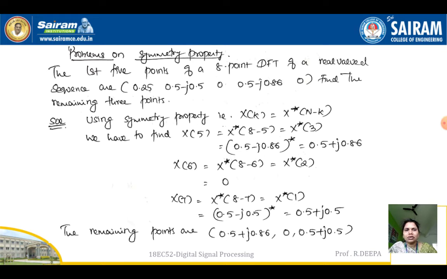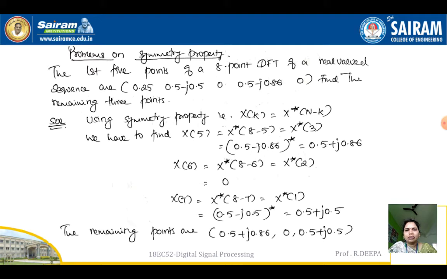Already we have discussed for symmetry property, if the sequence is real, then you can make use of the symmetry property. I have told you the main application of this symmetry property is if half of the values are given, the remaining half values you can calculate using this symmetry property, isn't it? So the solution is, first write what is the property you are going to use.